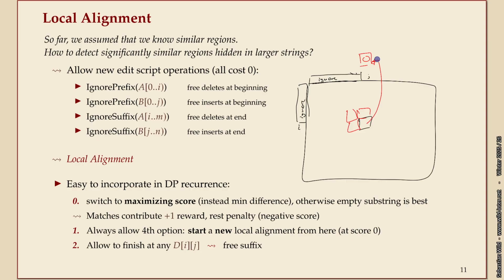You could try to ignore suffixes in the same way. I think more convenient for the algorithm is just to say, at any position in the table, I'm allowed to stop, because that corresponds to the prefix up to i and j anyways. And so if I don't want to include the rest of the strings, just do nothing. Which means for the final step, we'll not just output the bottom right corner, but the best value over the entire matrix.